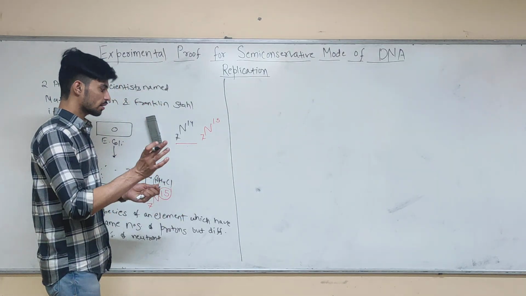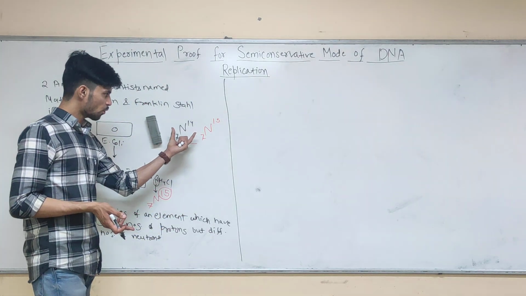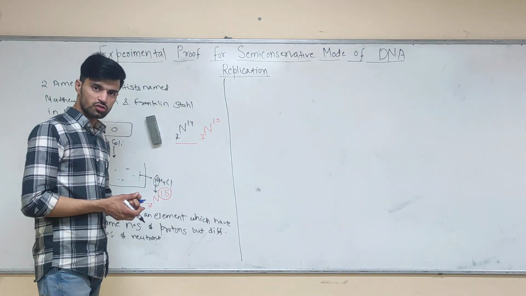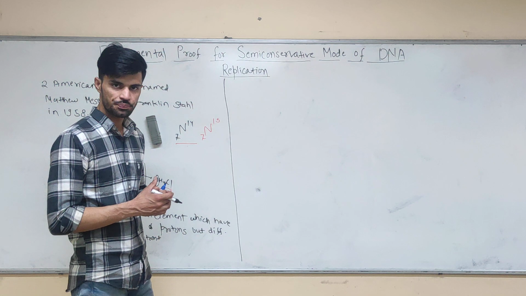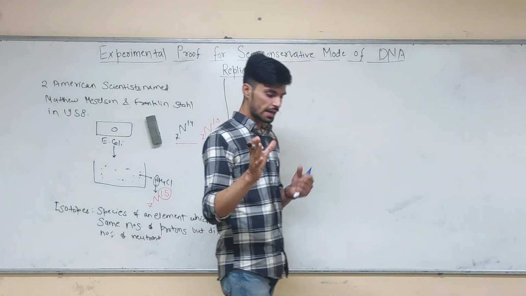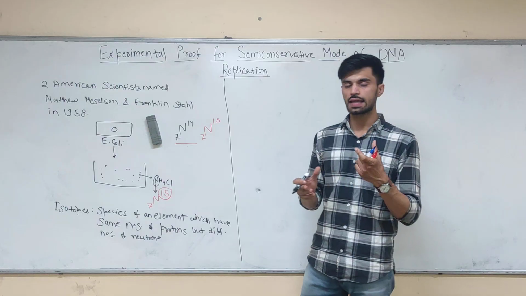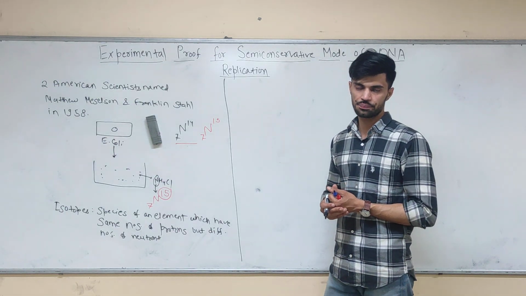So then what do they do? To differentiate the N14 and N15 kinds of isotopes, they have a technique, that is the cesium chloride density gradient technique.